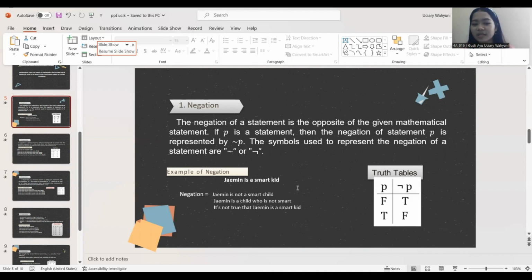So, Jamie is a smart kid. The negations are: Jamie is not a smart child, or Jamie is a child who is not smart, or it's not true that Jamie is a smart kid. If the sentence is true, the negation is false.